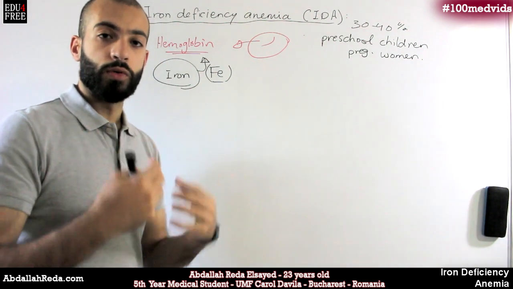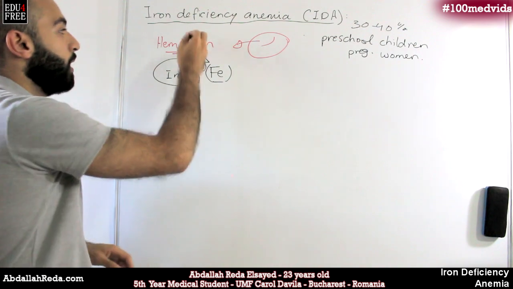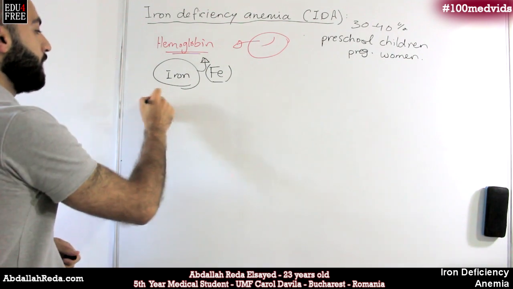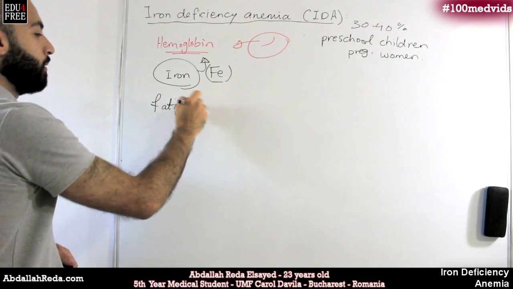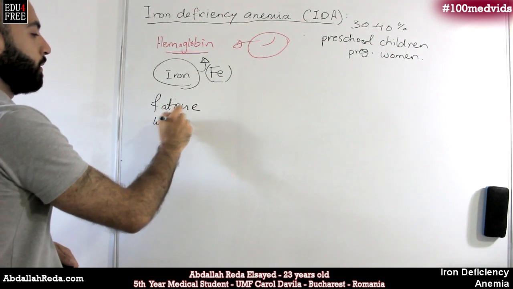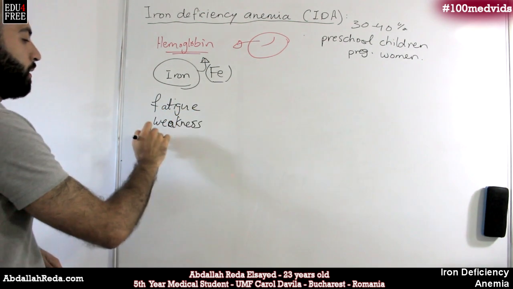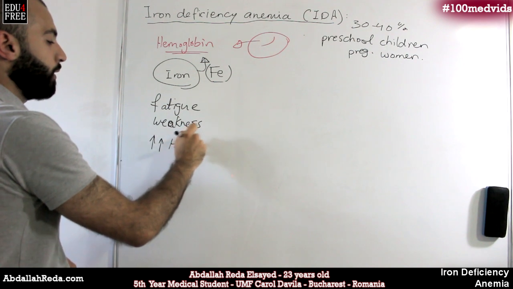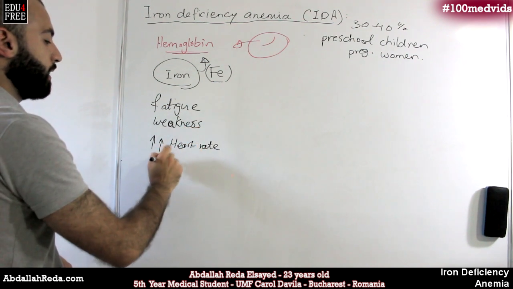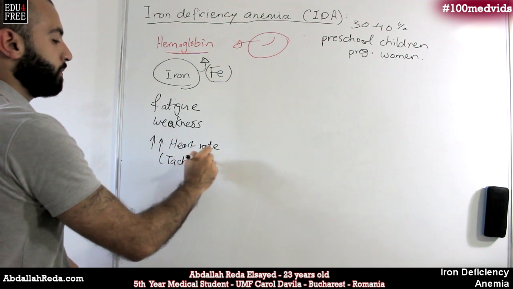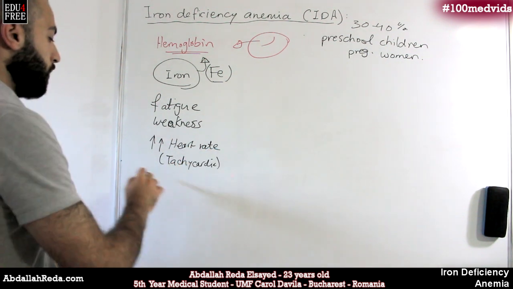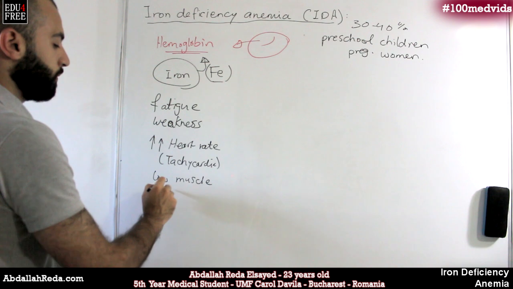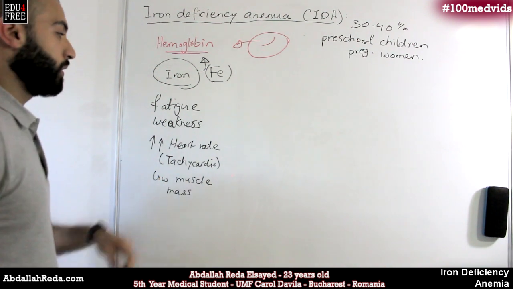In cases where we have an iron deficiency, we don't have enough iron supplied to us through nutrition, then we have problems affecting hemoglobin, and this leads to anemia, which manifests in fatigue, weakness, high heart rate, or tachycardia, and low muscle mass, and so on and so forth.